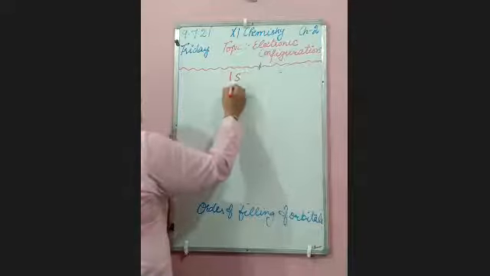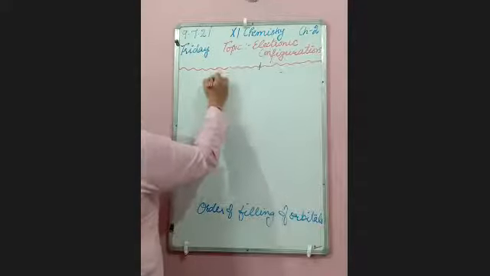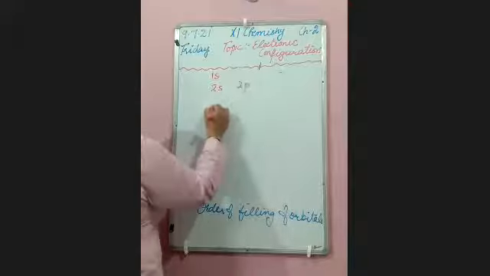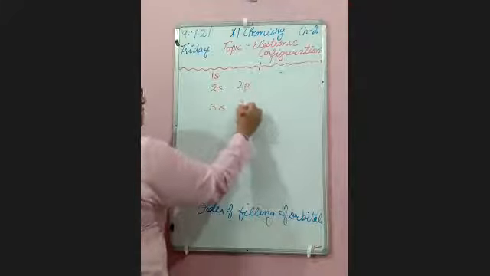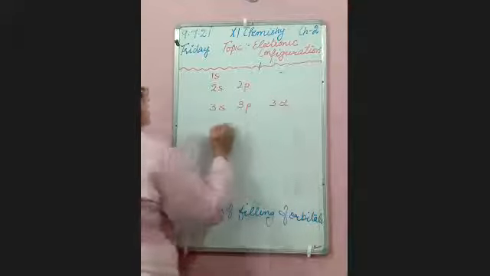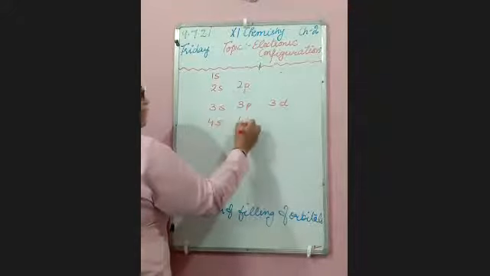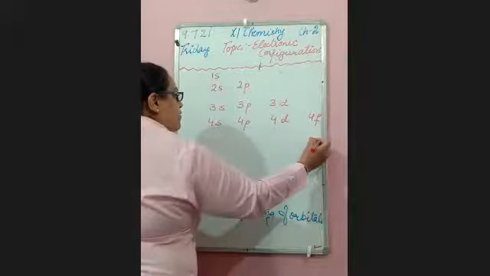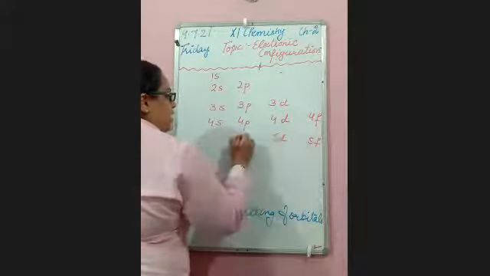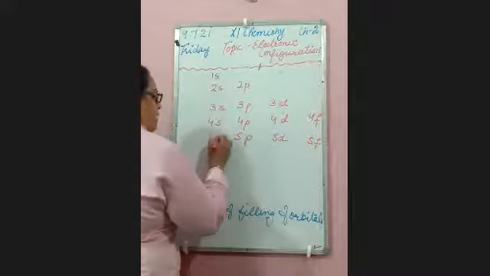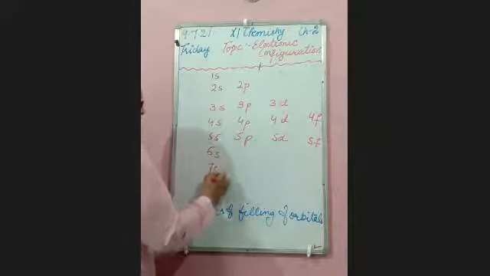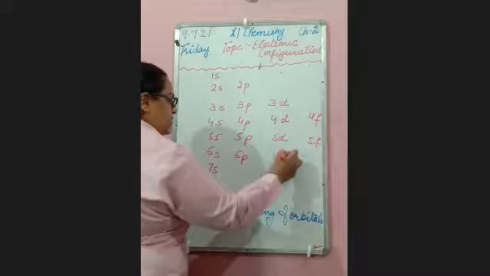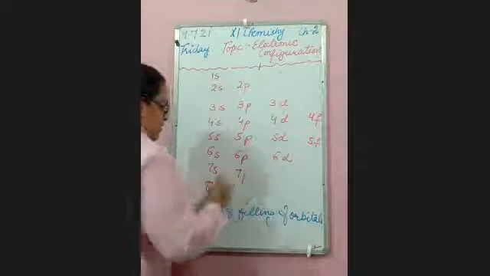Right? 1s, 2s, 2p, 3s, 3p, 3d, 4s, 4p, 4d, 4f, 5s, 5p, 5d, 5f, 6s, 6p, 6d, 7s, 7p, 8s.